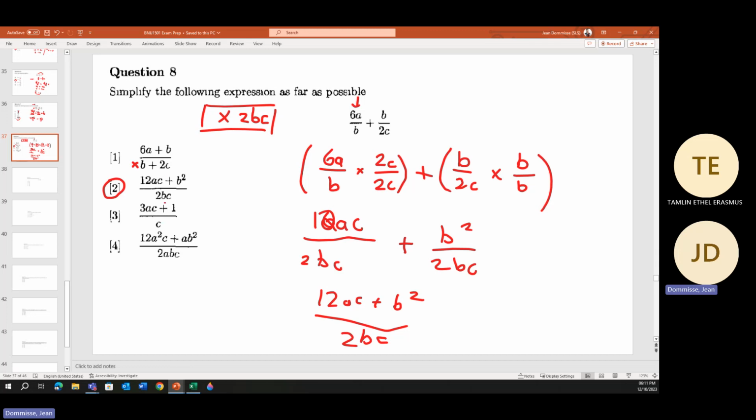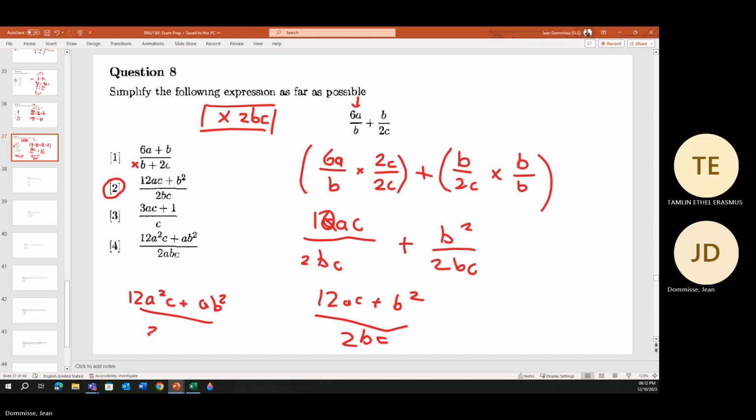C could have happened if one can cancel something out. That might have also happened, well, if we actually add extra a's everywhere, that is one of the answers, but it's not the simplest answer. Because you can see, you can actually add the a to this to get a2c plus ab squared divided by 2abc.